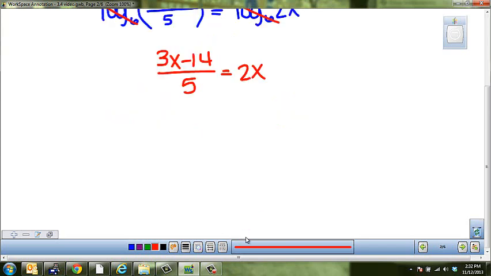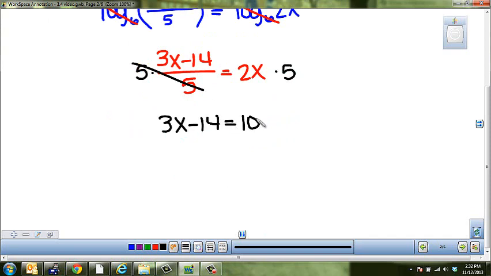Okay, and then we just solve algebraically. So I first need to get rid of this denominator, so I'll multiply by 5 on each side. I need to get my x's to the same side. Don't forget to bring down that negative with the 14.